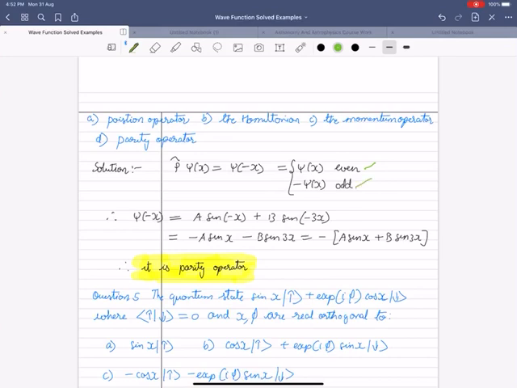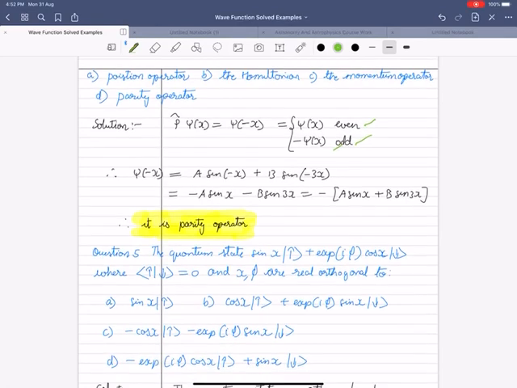So when you apply the parity operator on psi x and change x to minus x, if it gives psi x, it is an even function, and if it gives minus psi x, then it is an odd function. Okay, so psi minus x, I put sine minus x and sine minus 3x.